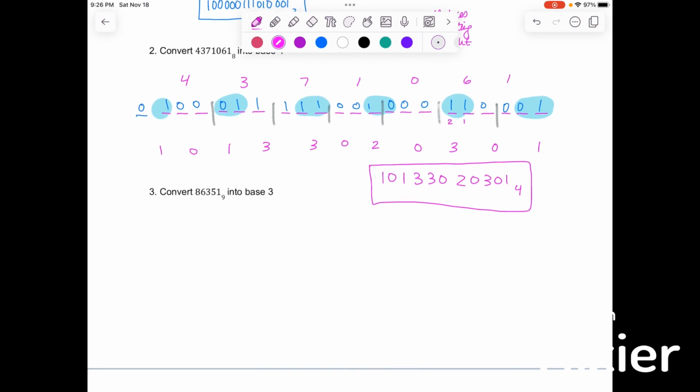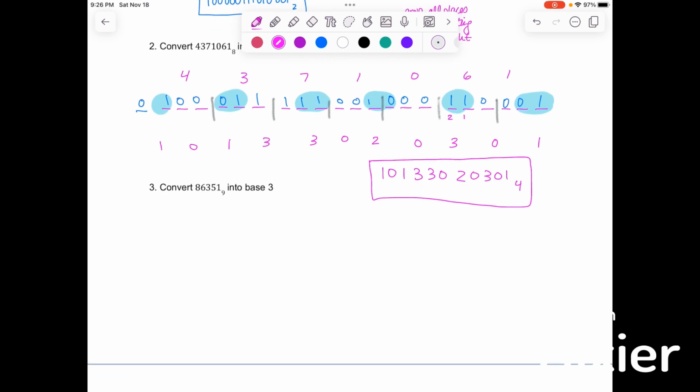All right, for this last problem here, we're going to go from base 9 into base 3. And so in this case, if we think about this, 1's digit in base 9 is going to be equivalent to the 3 and 1's digit in base 3. So I'm going to take every one of these numbers and I'm going to replace it with 2 digits.